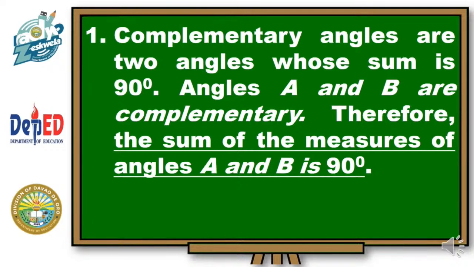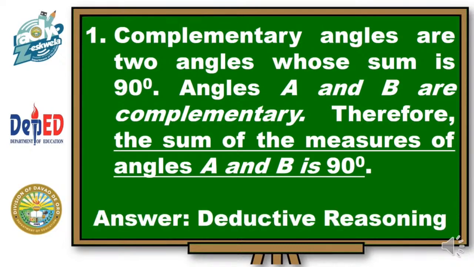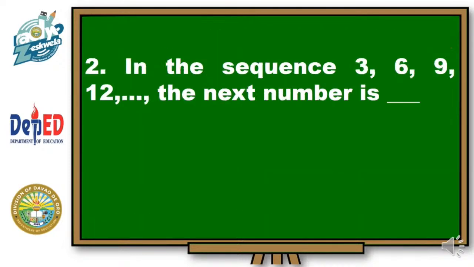Therefore, we can conclude that the sum of the measures of these two angles is 90 degrees. Now, what kind of reasoning is used? Very good. The answer is deductive reasoning.